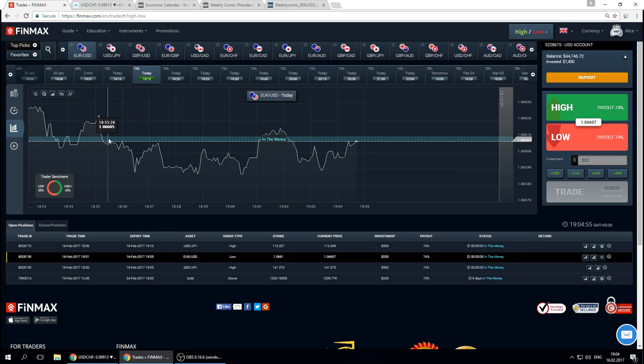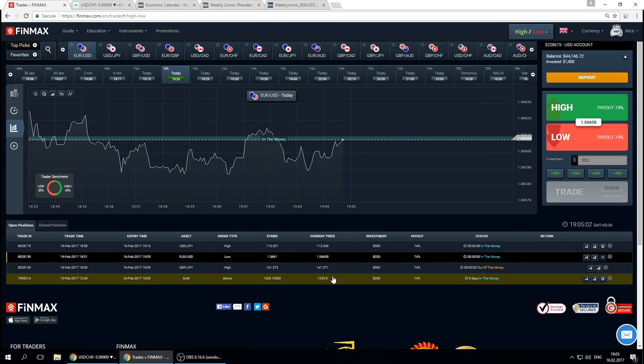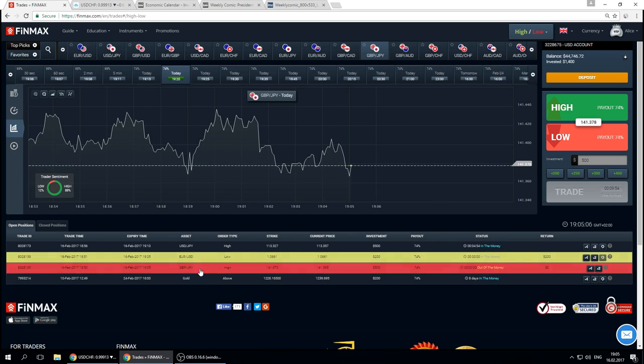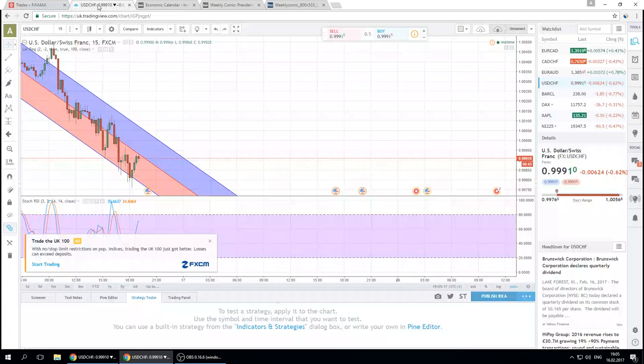Well, the reason why I don't like to trade on the short time frames that much is that the price between when you open the trade and when you close the trade moves in a corridor, so sometimes it's only a 1 pip difference.